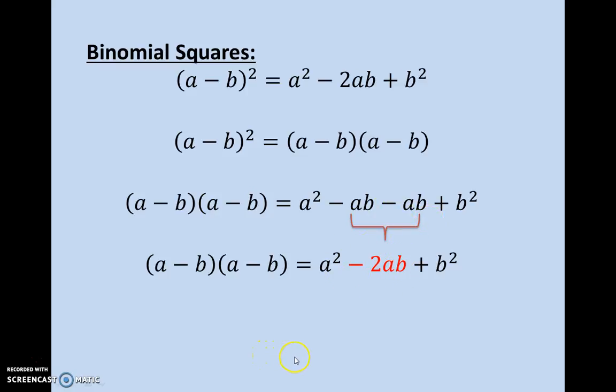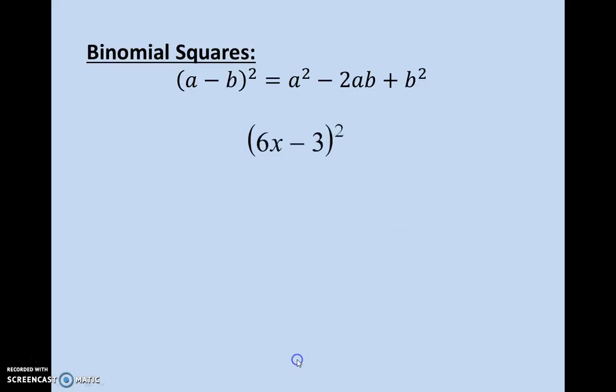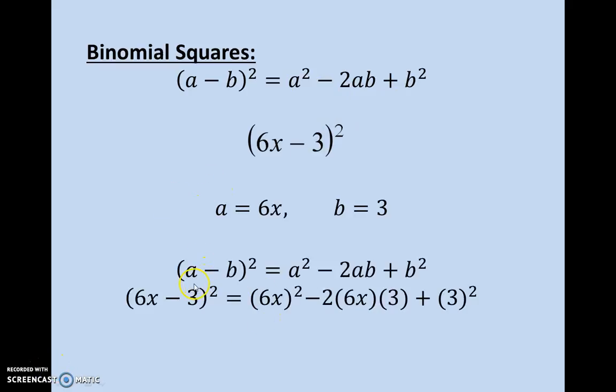So we have another example to look at, and that is 6x minus 3, the quantity squared. So we are going to replace a with 6x and b with 3, and work out this pattern. So we have a minus b squared is equal to this pattern, so 6x minus 3, the quantity squared.